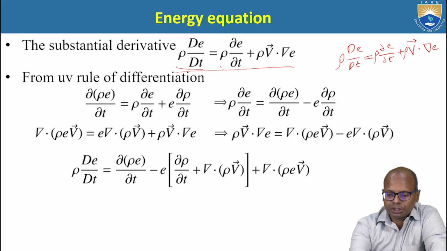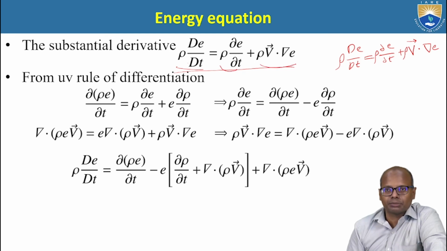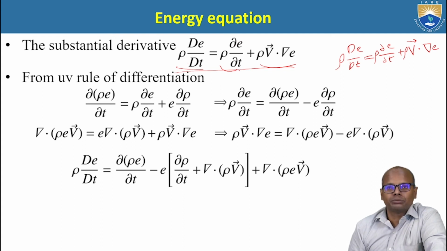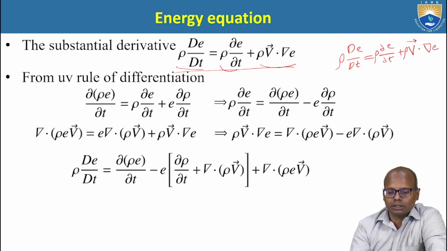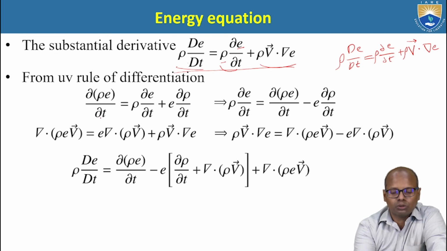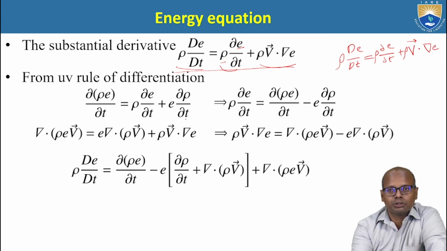Now we have two terms here. This is the first term, this is the second term. Now what is the equivalent of these two terms? Now rho into dou E by dou t. So I have a rho and I have an E. So you can apply the UV rule for rho and E. So it is dou by dou t of rho E. If I apply the UV rule, I will get rho into dou E by dou t plus E into dou rho by dou t.